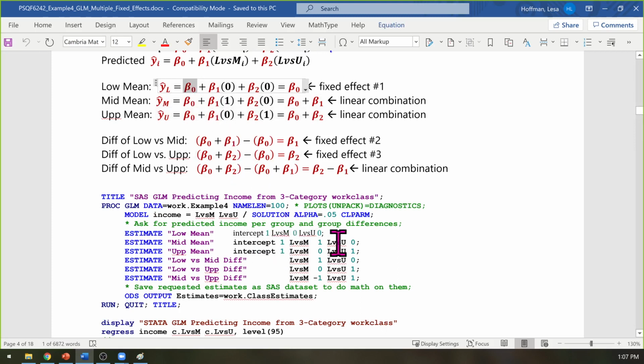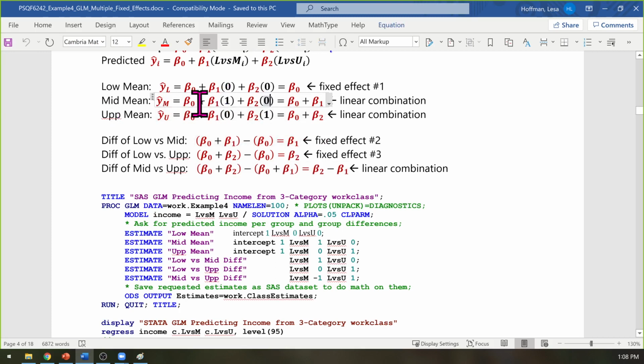Then the L versus M and L versus U, those words refer to whatever beta 1 is going to become and whatever beta 2 is going to become. The values in the green behind them refer to the multiplier. What is the value of the predictor that it's the slope for? Those zeros and ones come straight out of your coding scheme.